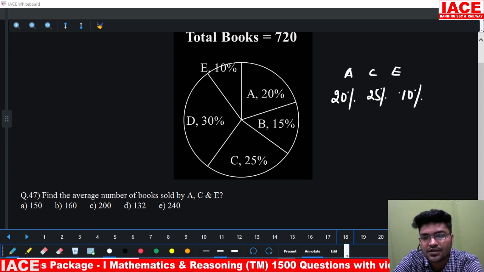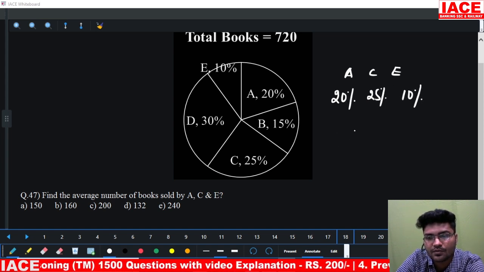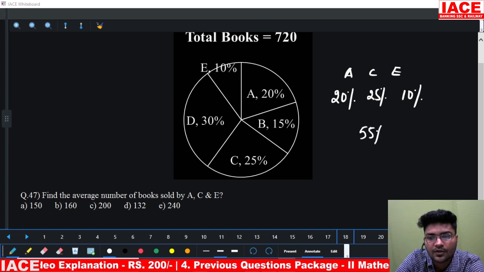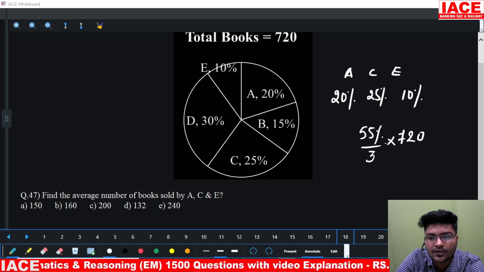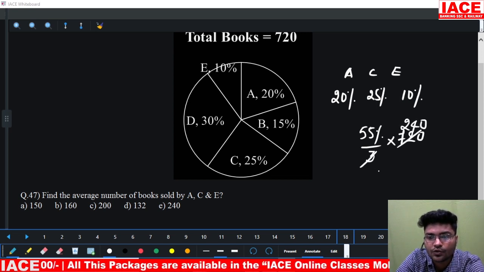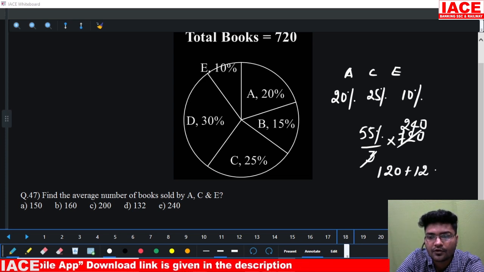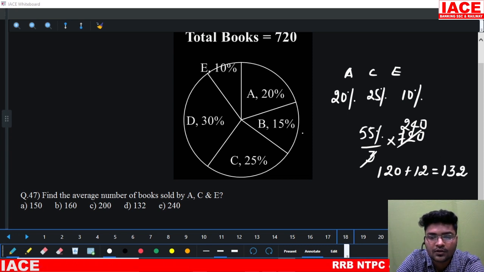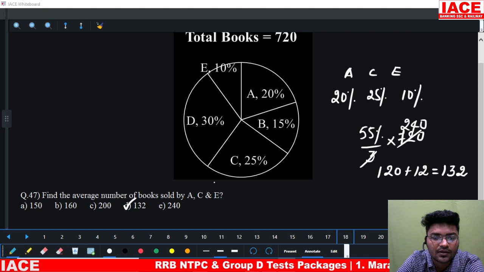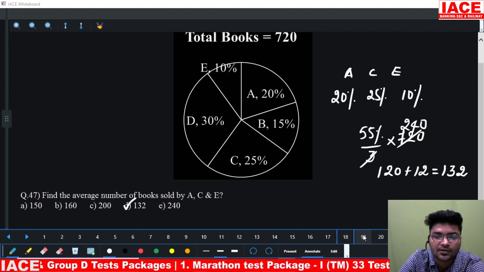So the average is how much? 20 plus 25 plus 10 is 55%, divided by 3, into 720. So this is 3 ones are 3, and 3 twos are 240. So half of 240 is 120, and 5% means again 12. 12 plus 120, this is 132. 132 means option D is our correct answer.